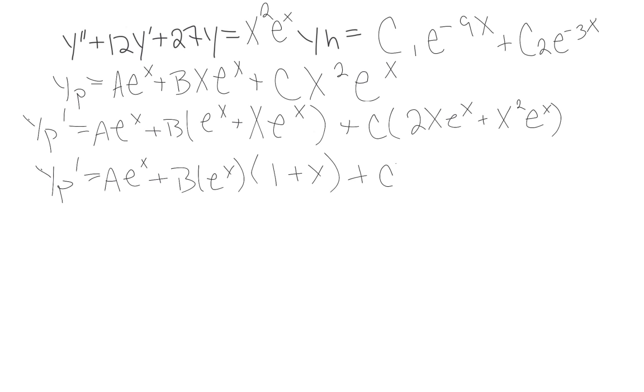plus c e to the power x, x squared plus 2x. Let me fix that plus sign there. So y sub p prime equals a e to the x plus b e to the x, x plus 1, plus c e to the x, x squared plus 2x.